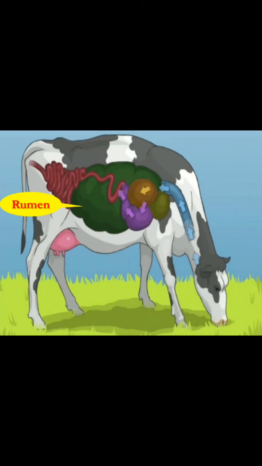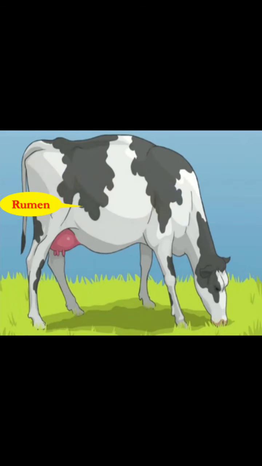Their food gets partially digested, and this partially digested food is called cud. Later on, the cud returns to the mouth in small lumps and animals chew it. Students, this process is called rumination. And that's why these animals are called ruminants.